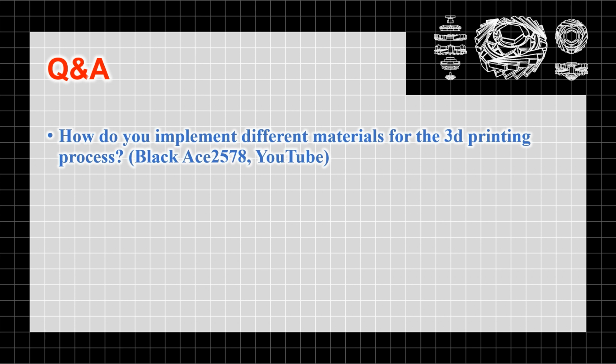Some online services provide various choices of materials like TPU, plastic, resin, nylon, or even metal. You just put the orders separately, and when you receive all the parts, you assemble them together. Yeah, that's it.